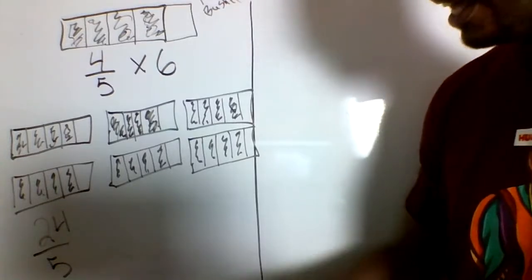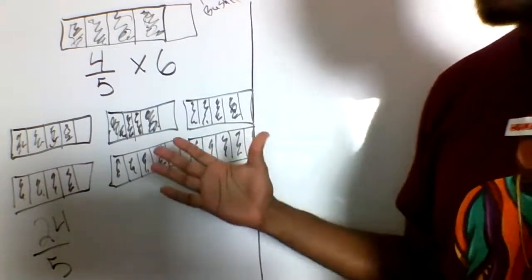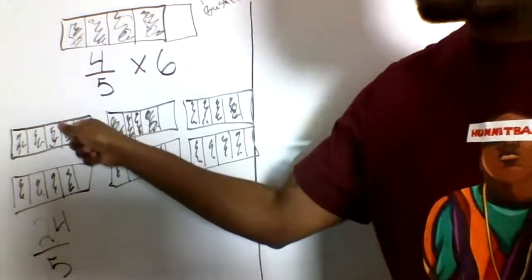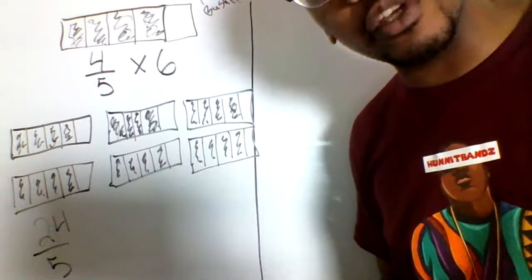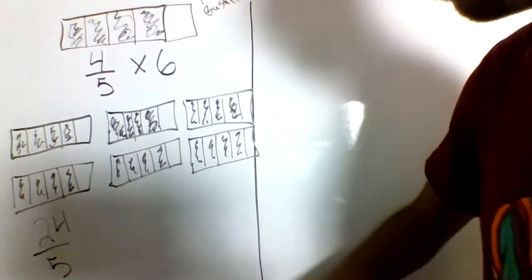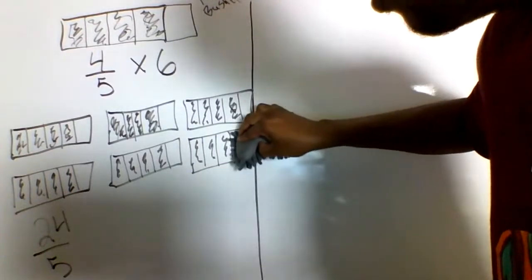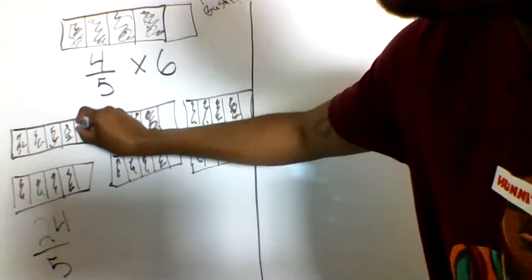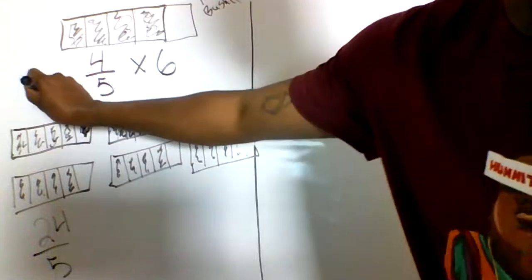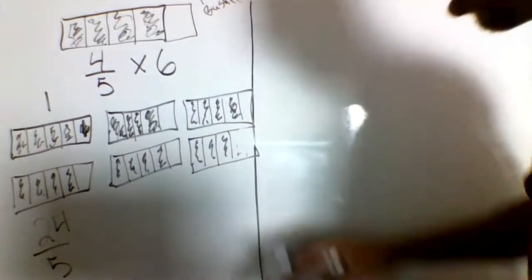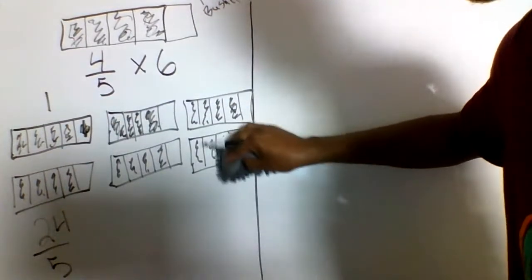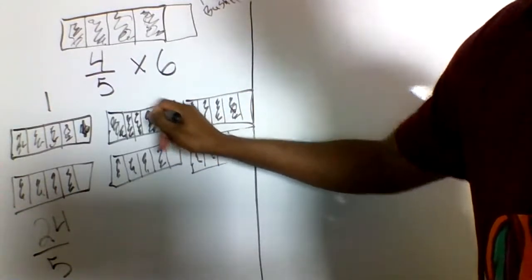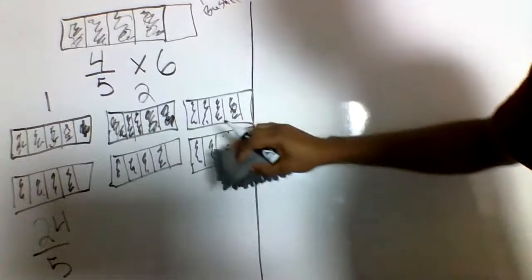If you were in my class, when you see 4/5, but you're trying to get the answer, I told you take one from the end and put it on the front. What you want to do is make whole groups. So if you take one from here and put it right here, that's one whole. Take another one from right there and put it right here, that's 2 wholes.